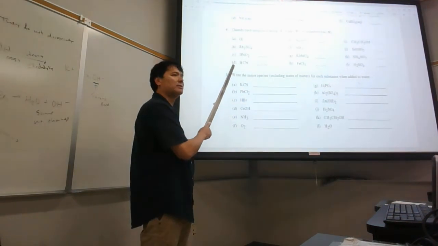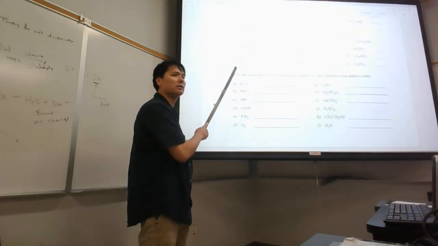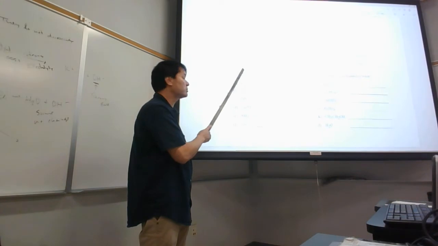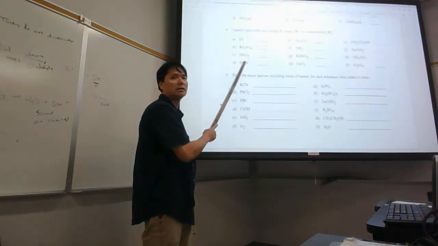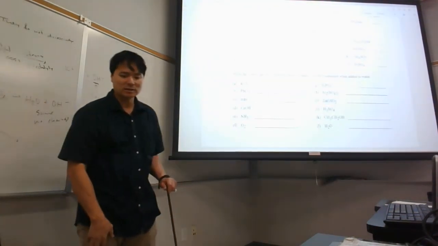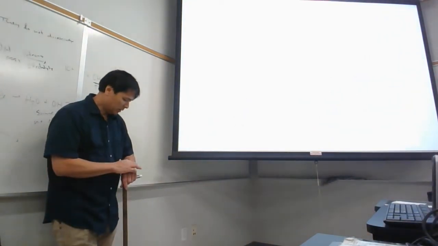But anyway, is that a strong acid? What would we name this as an acid if this were aqueous? How do I know it's an acid? I know it's an acid because it begins with an H. Things that begin with an H are acids.